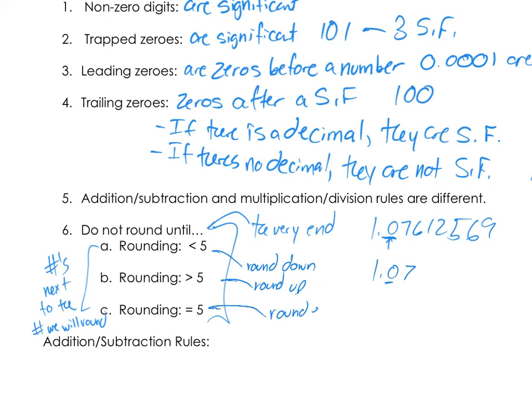That's weird, right? So basically it goes like this. If I have 1.1 and I have a 5 here, and this is my last sig fig, I could either go up to 1.2 or I could go down to 1.1. 2 is even, we would round that way. If this number was 1.85, this is my last sig fig, and I need to round, I could either round up to 1.9 or I could round down to 1.8. I'd round down to 1.8.